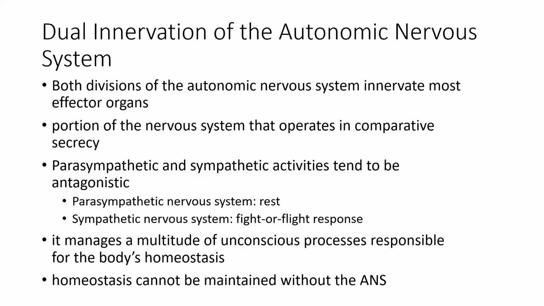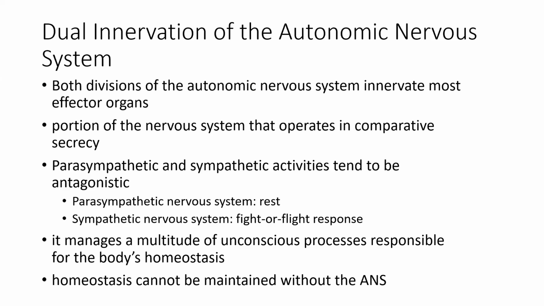The regulation of blood pressure, heart rate, heart rhythm, gastric motility, gastric secretions, glandular secretions, so salivary glands, your lacrimal glands, the regulation of the sexual response and the reproductive function. So all of the things that are happening in the background that we don't consciously know about or think about, but they're just somehow being managed and controlled and regulated. This is what the autonomic nervous system governs.